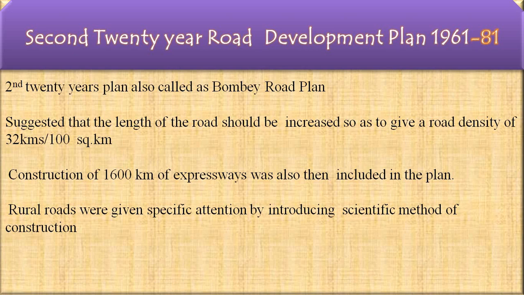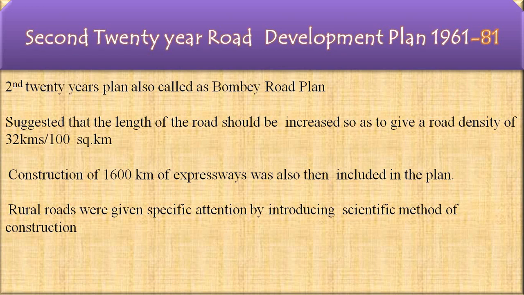During the third five-year plan period 1961 to 66, the annual plan 1966 to 69, and the fourth five-year plan period 1969 to 74, road development in India continued at a steady pace.